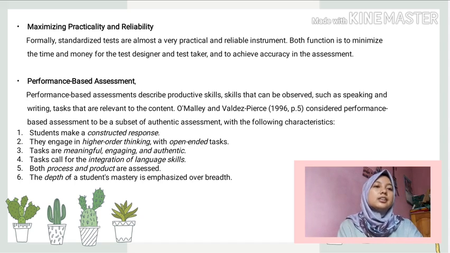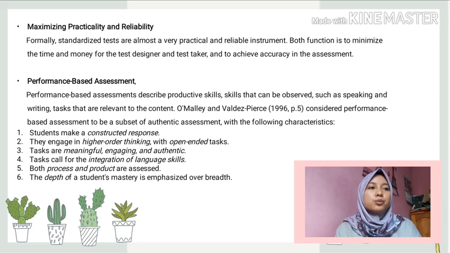And the second, performance-based assessment. Another interesting factor that plays a role in alternative assessment is the recognition of the importance of performance-based assessment, sometimes also called performance appraisal.